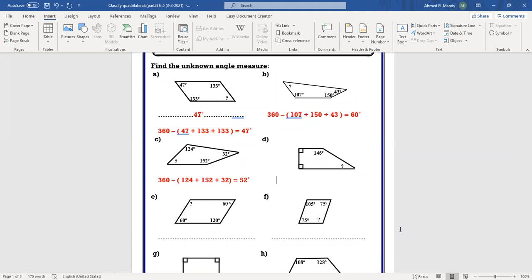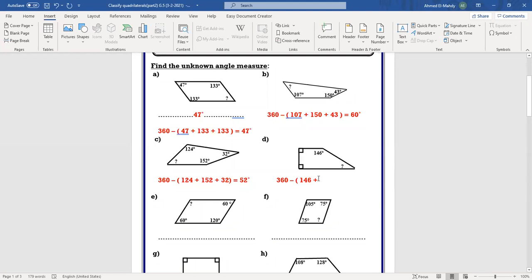Okay. We will make 360 minus 146 plus, and this square means 90.